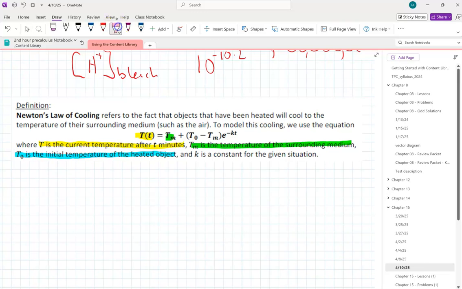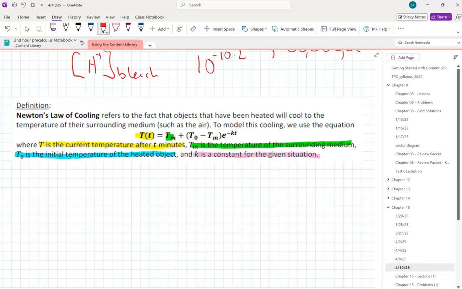And then the last thing here, we have this value k. k is a constant that's specific to the substance that you're heating. So that constant for iron, if you're a medieval blacksmith, is going to be different than your constant for your soda pop, which would be different than your constant for your cookies.